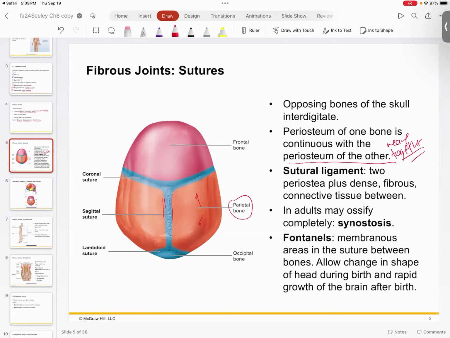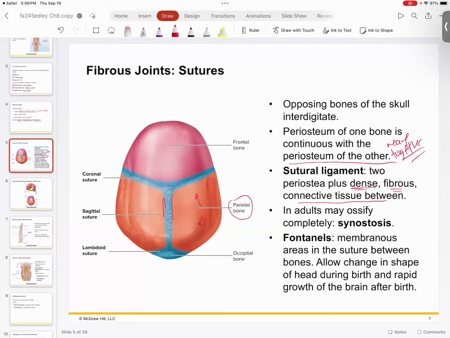For instance, a sutural ligament will have your two periostea, that is to say the two periosteal liners that are sutured or woven together. And then in addition to that, you'll see dense fibrous connective tissue in between them.